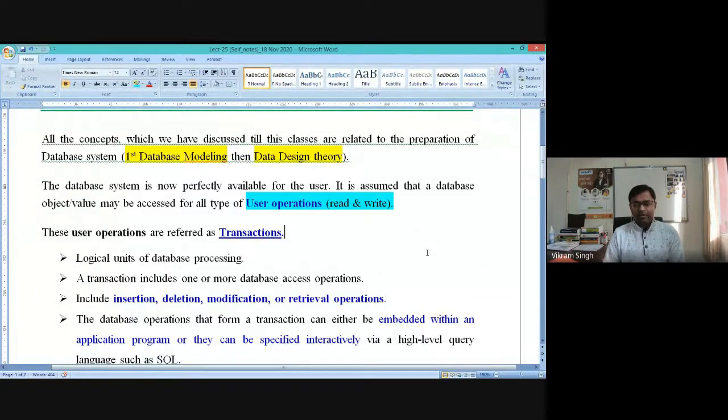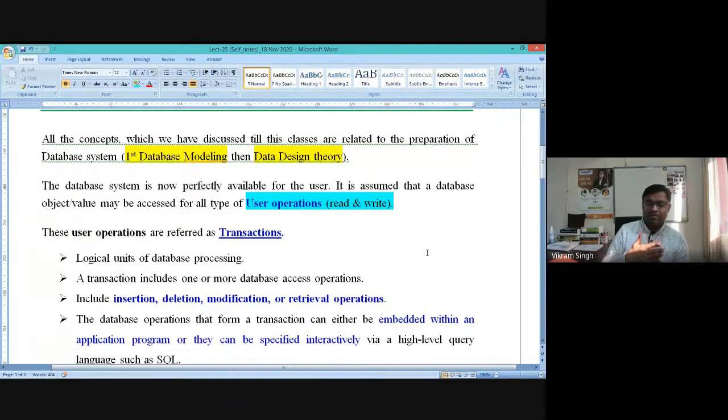So in our initial discussion, we took the concept of different types of users on the database. Now you can correlate these operations: for each different type of database user, we have different read and write operations on the same database.